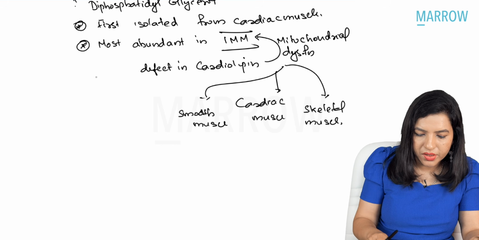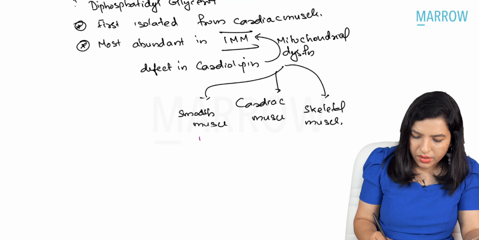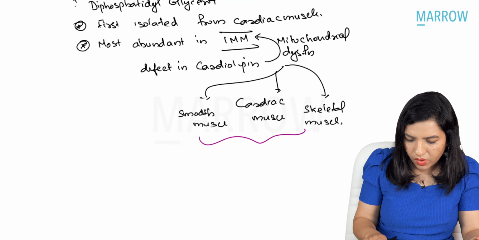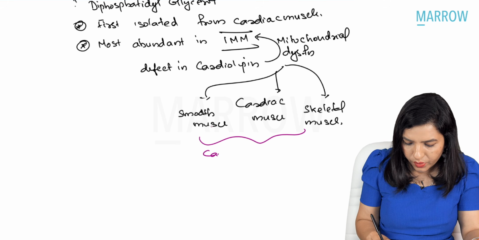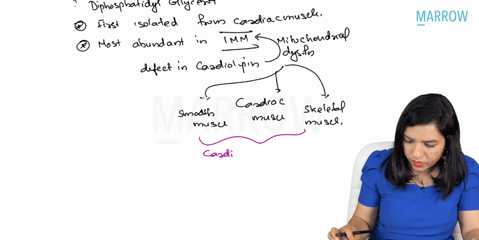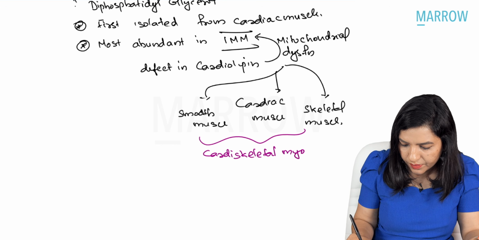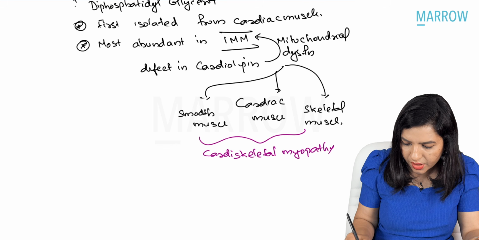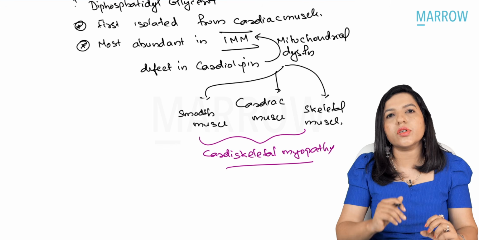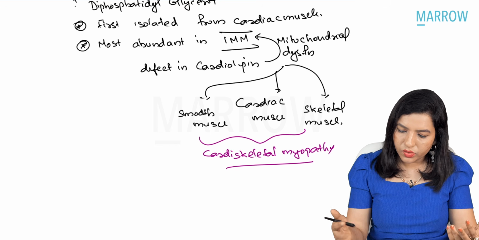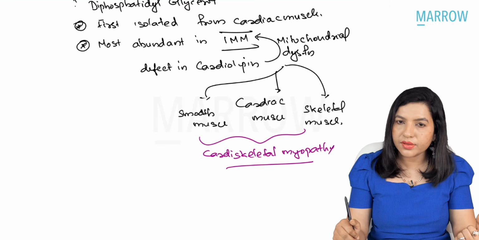Okay. Now what is this otherwise called? This Barth syndrome is otherwise called cardioskeletal myopathy. So in the history what is given is cardiomyopathy. So that is about Barth syndrome.